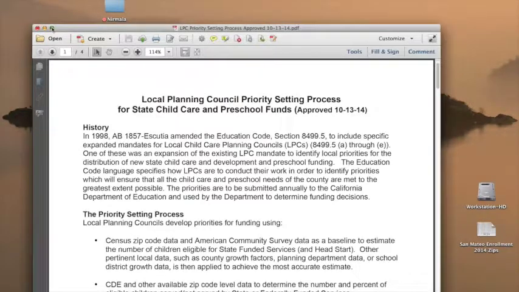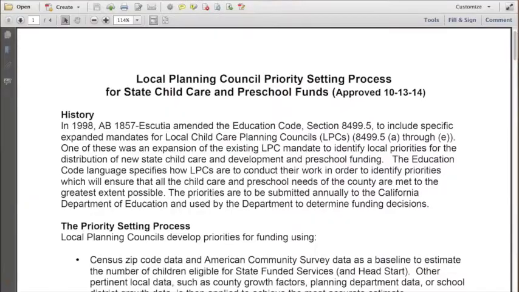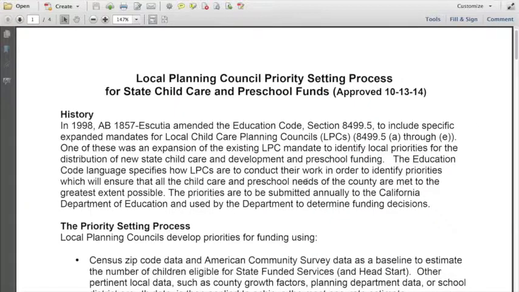Yeah. So this is more or less what you would find on the CDE website, giving a little bit of history for us having this mandate and who the LPCs are.